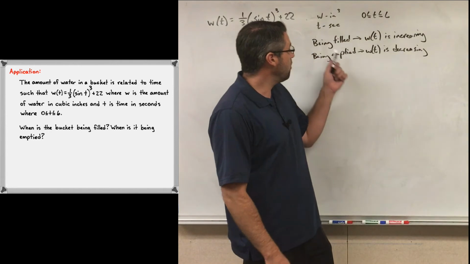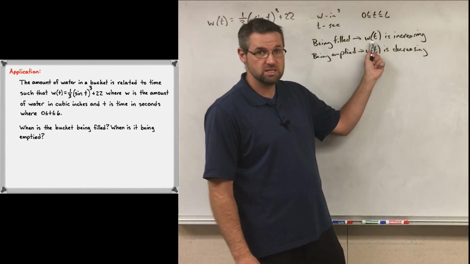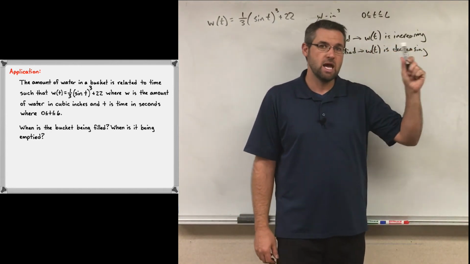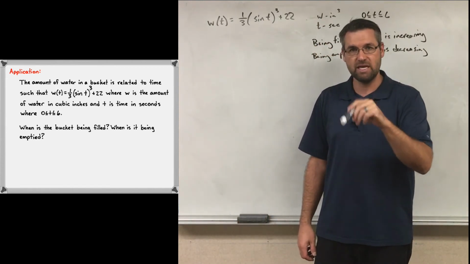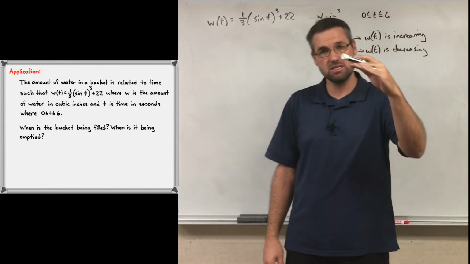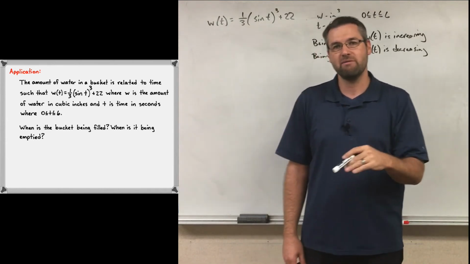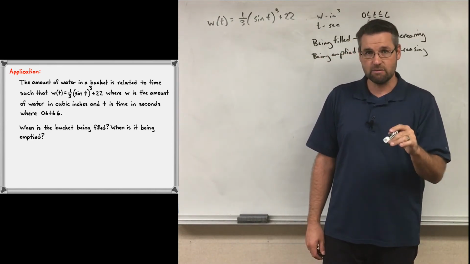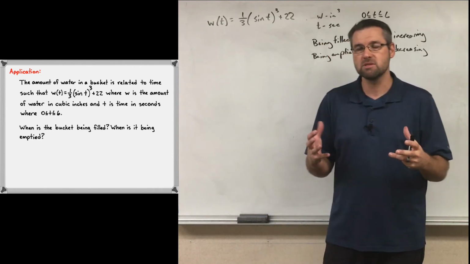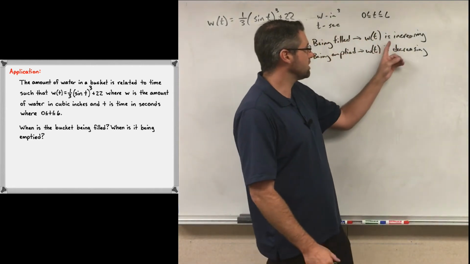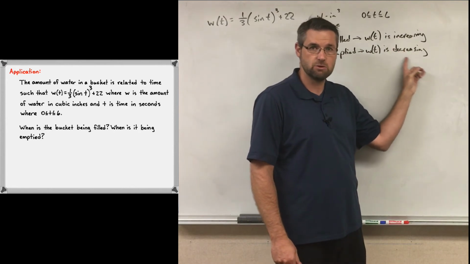How do I know when a function, W of t in this case, is increasing? A function is increasing when its derivative is positive. A function is decreasing when its derivative is negative. Okay? Now, analytically, when we go to solve these types of problems, we can't solve analytically where a function is increasing or decreasing.